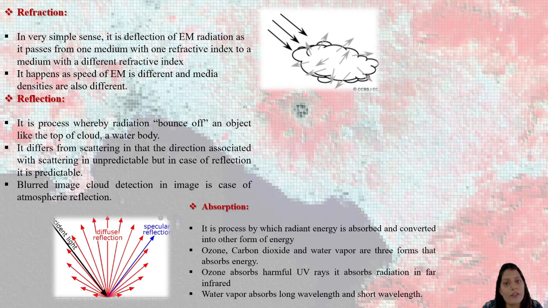Now, you might have a question: why are we going into such detail? In very simple language, in physics in your school grades, you learned about refraction, reflection, and absorption. What is the simple sense of absorption? The energy which is absorbed by the material itself, so we don't have any result out of it. What is refraction? You can see the image.